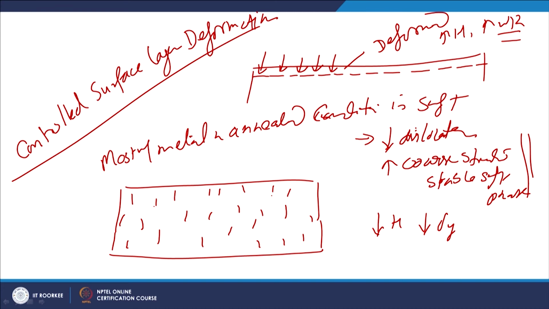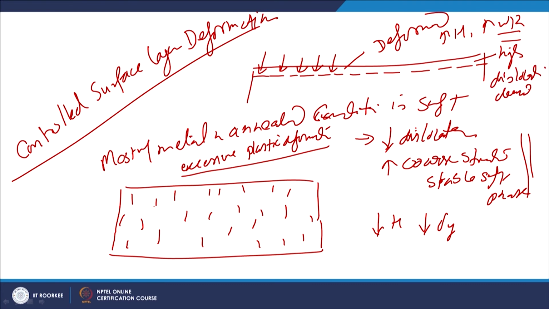So, in this approach, basically the excessive plastic deformation of the surface layer is achieved, so that near surface layers have a large number of dislocations, or high dislocation density, while the underlying substrate or base metal, which is in annealed condition, may have a very limited number of dislocations.